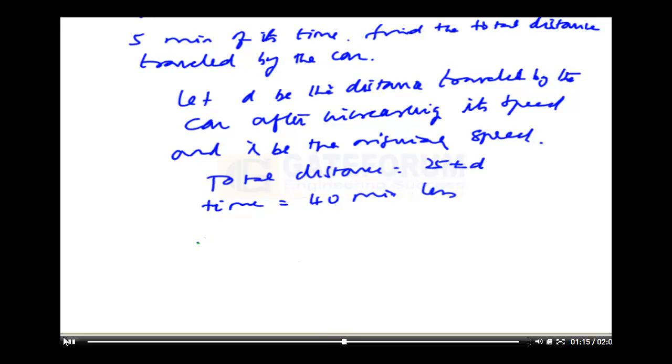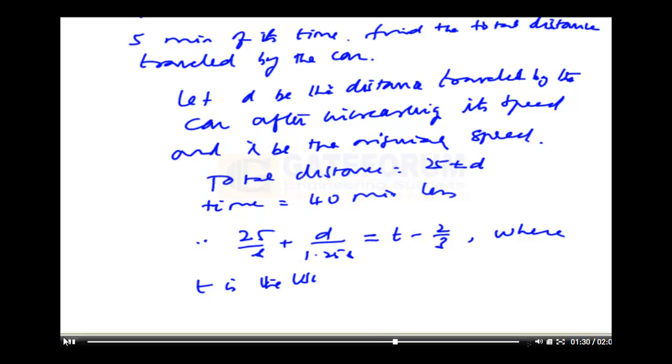Time is 40 minutes less. Therefore, 25 by s plus d by 1.25 s is equal to t minus 2 by 3, where t is the usual time taken.